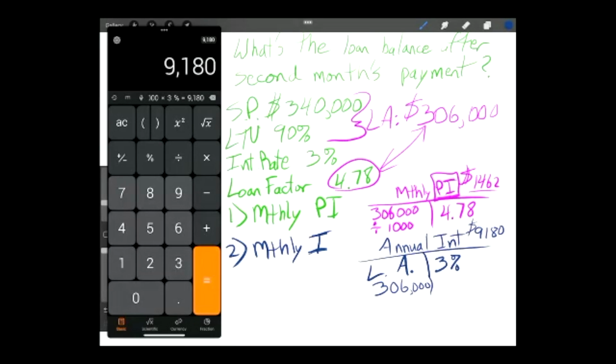We need to turn that into monthly interest. So we divide that by 12. Our monthly is $765. So if our monthly principal and interest is $1,462 and our monthly interest only is $765, what is the amount that we reduce the principal?